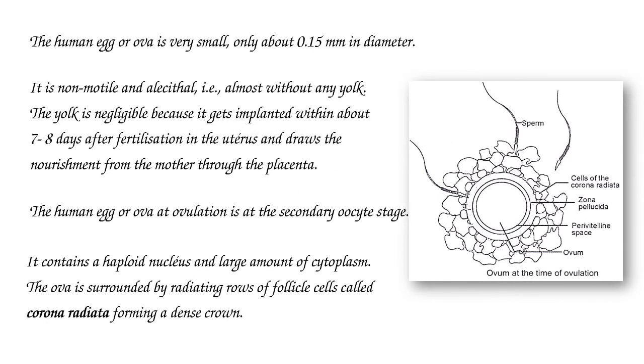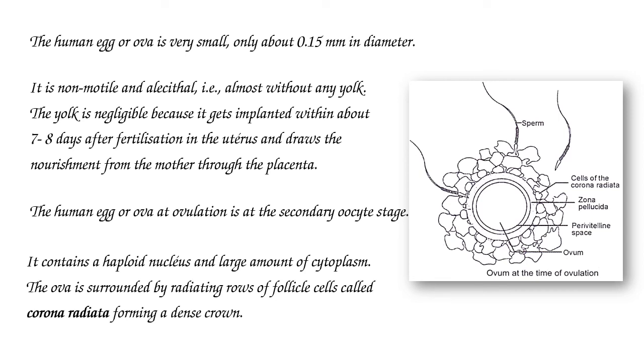The structure of an ovum. The human egg or ova is very small, only about 0.15 millimeter in diameter. It is non-motile and alecithal, that is almost without any yolk. The yolk is negligible because it gets implanted within about 7 to 8 days after fertilization in the uterus and draws the nourishment from the mother through the placenta.